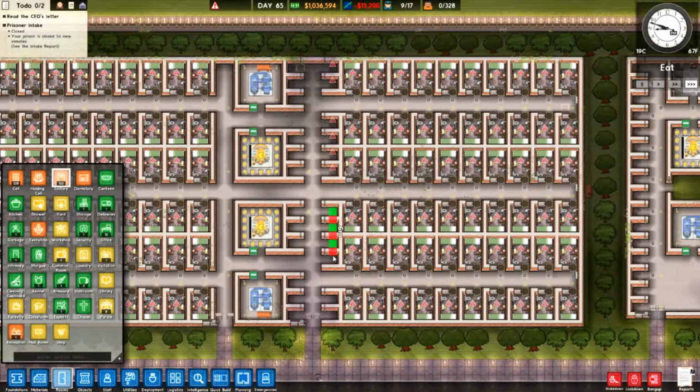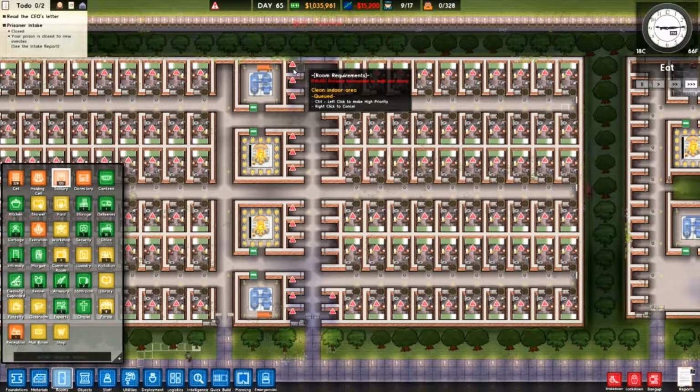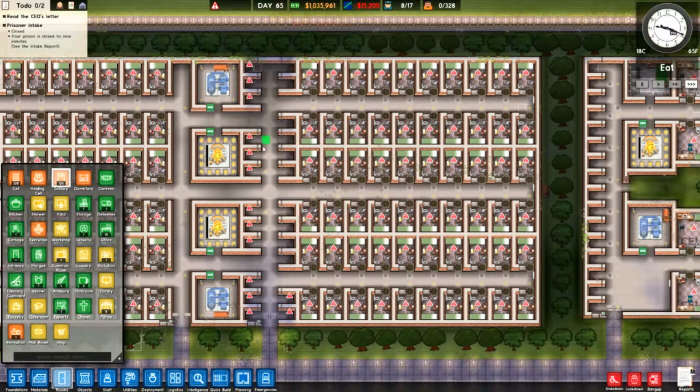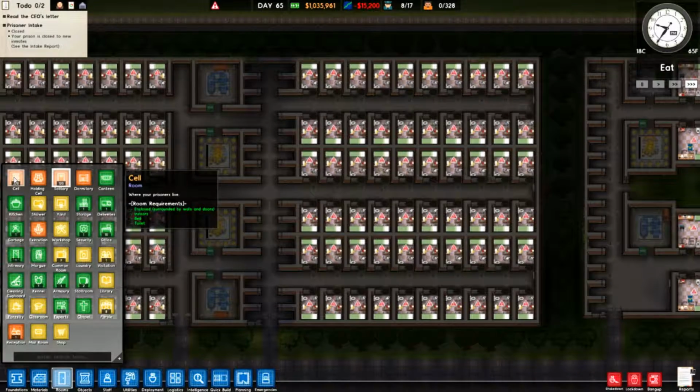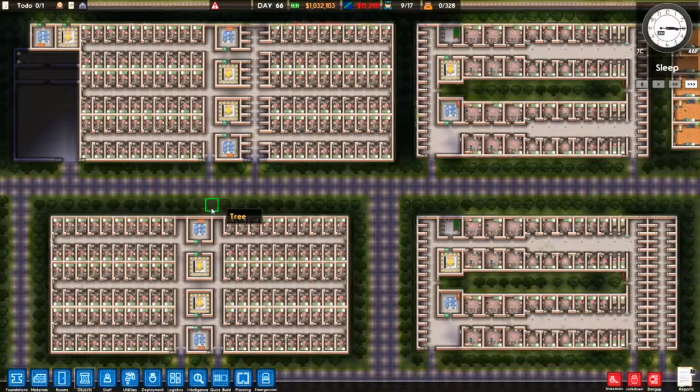And then also here in this cell block we are going to place a few more solitary cells, so that in total we are going to have 120 solitary cells and 328 normal cells.